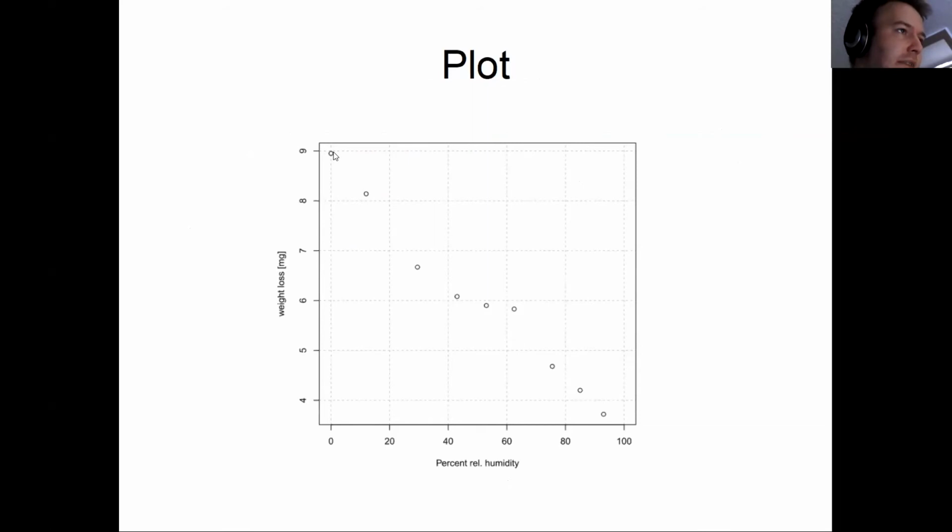If you look at this plot, we could already assume there is some sort of linear relationship. So we could draw a straight line through the plot and have a relatively good function to predict weight loss from the percentage of relative humidity.